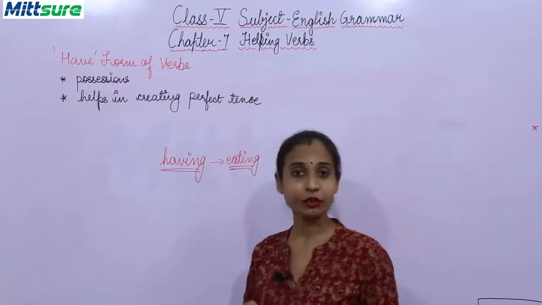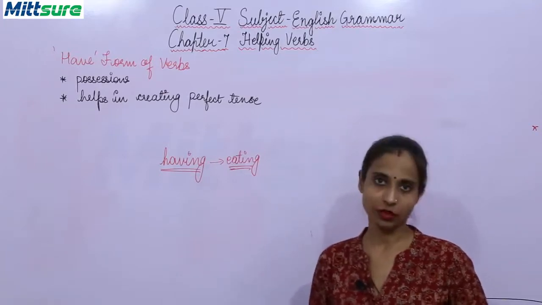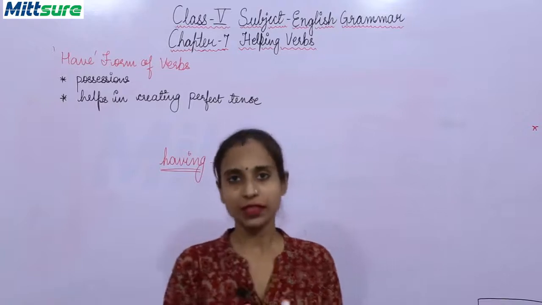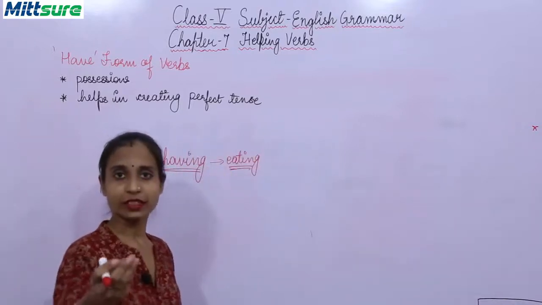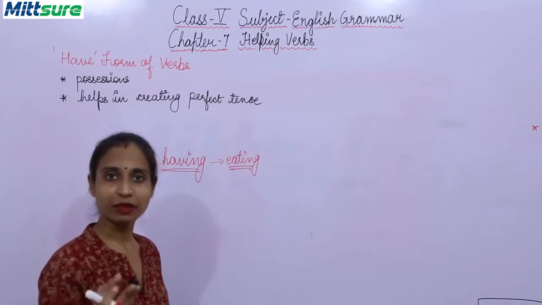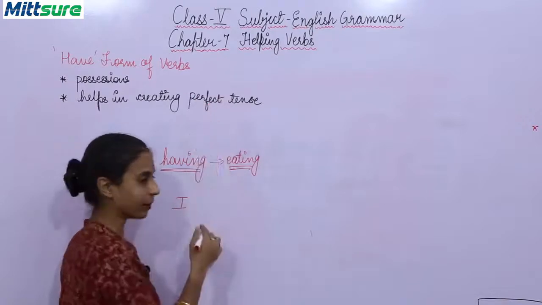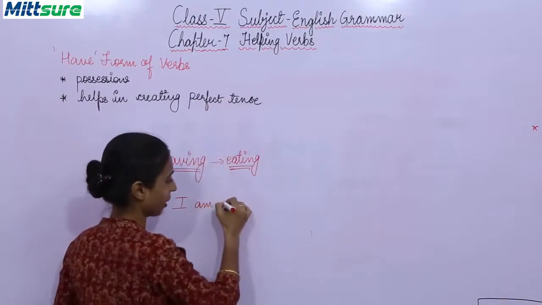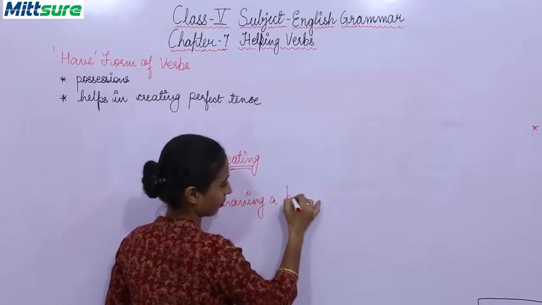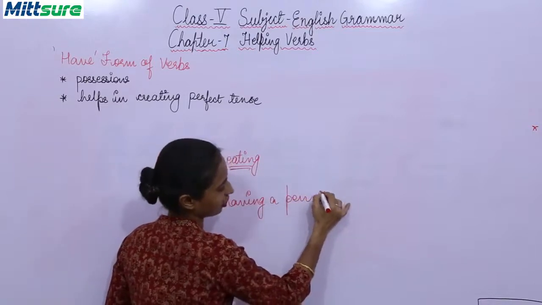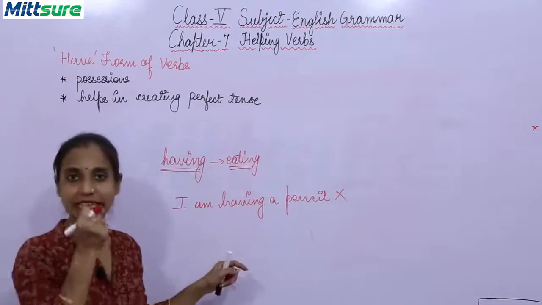When you say I am having, that means you are eating something. So please do not say, when someone asks you, do you have a pencil? And you say, I am having, ma'am, I am having a pencil. Please, this is totally wrong. This means that you are eating a pencil.